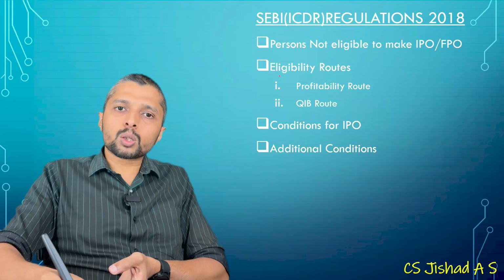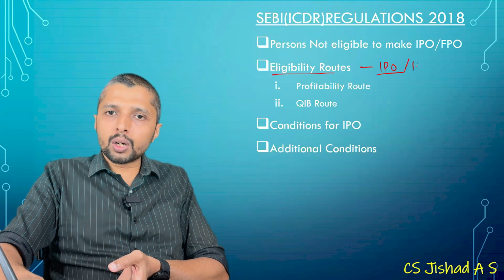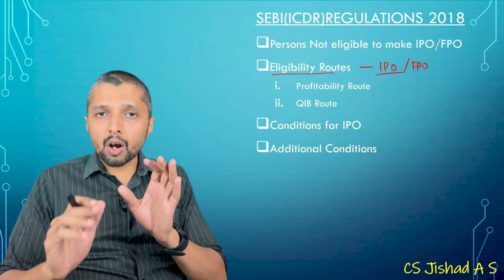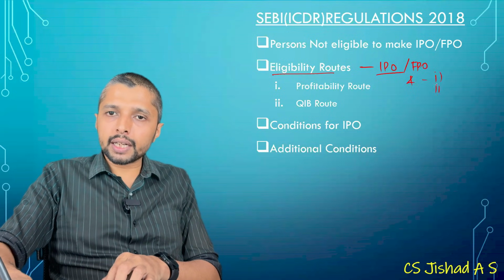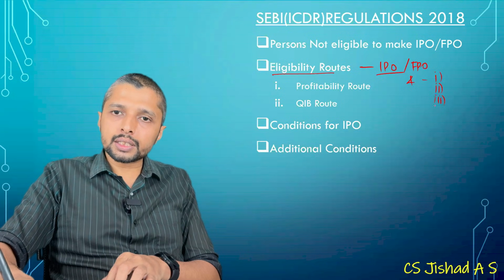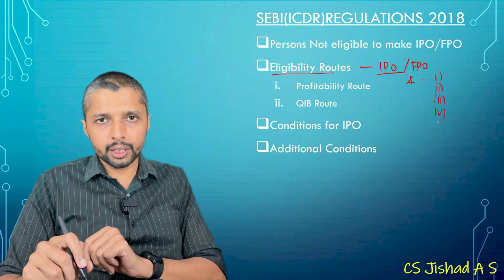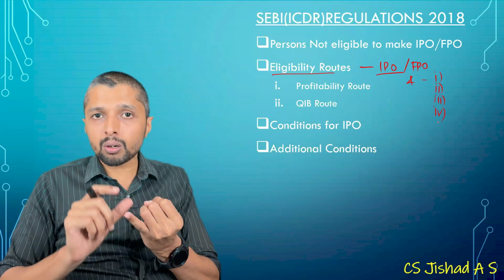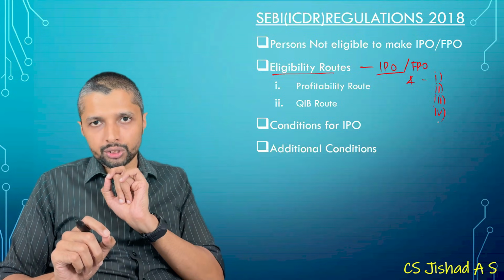With respect to the eligibility routes for IPO or FPO, you are having the profitability route and the QIB route. For the profitability route, you have 4 conditions, and you have to comply with all of them. Number 1, net tangible assets of 3 crore or above in 3 financial years of 12 months each.